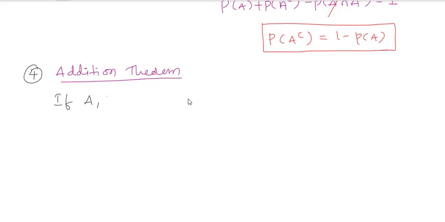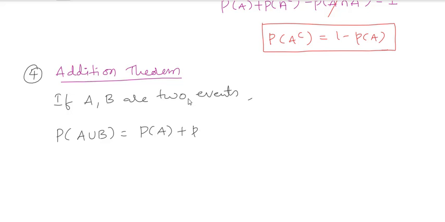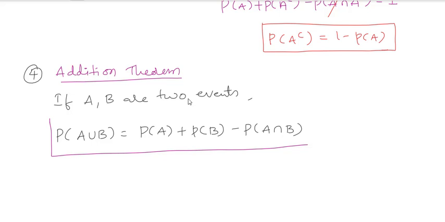If A, B are two events, then the addition theorem is: probability of A union B is equivalent to probability of A plus probability of B minus the probability of A intersection B. This is the addition theorem, a very useful formula.